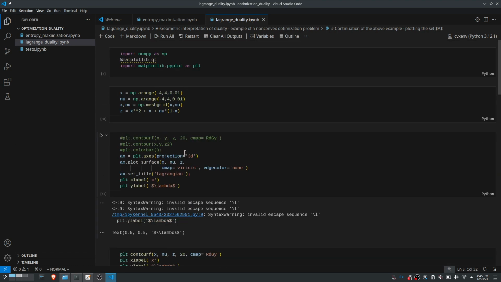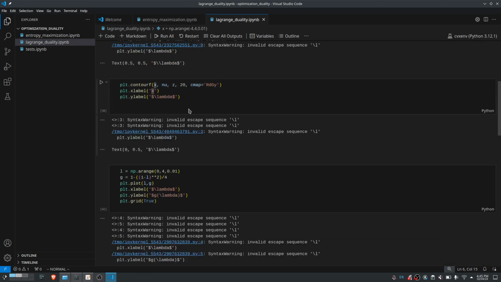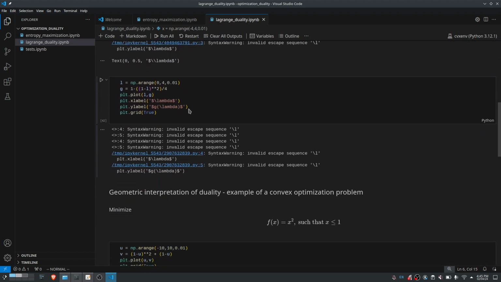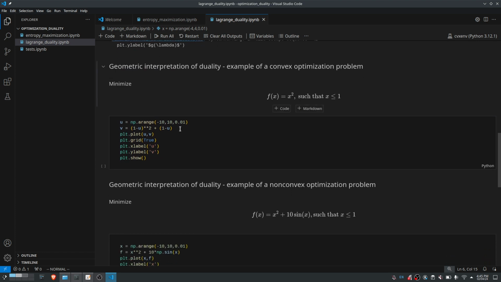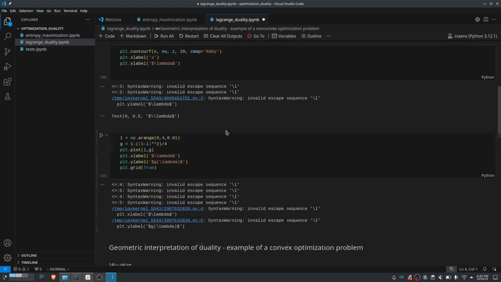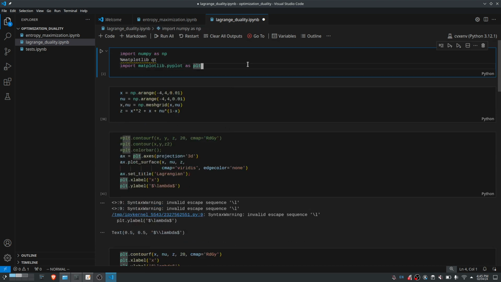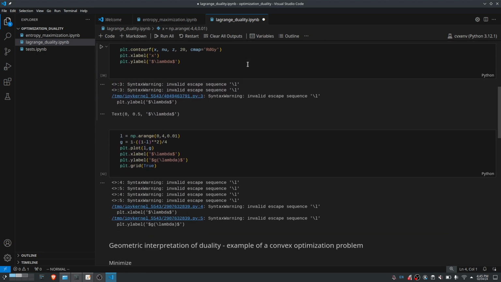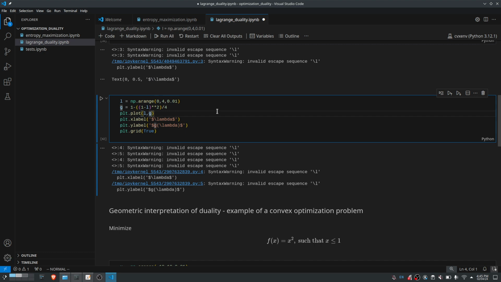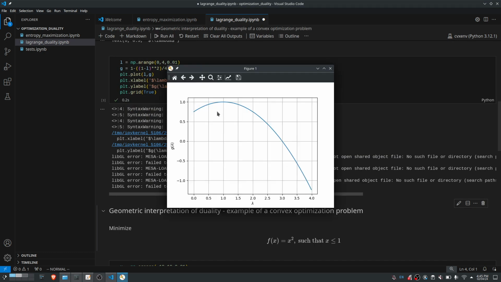Let me see if I have that here. Right, so this is what it would look like.